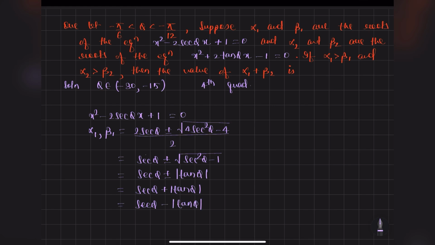Now consider an example. Suppose you are 2 or you are minus 2, and if we add a positive quantity, let's say 5, the value will get increased. Earlier you were 2, right now you are 7. Earlier you were minus 2, right now you are 3. So the value gets increased.